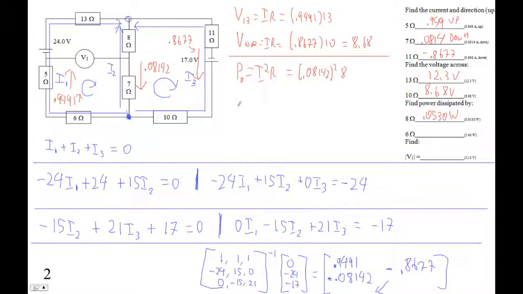And then the power of the 6 ohm is I squared R. And where's our 6? There it is. So it's going to be this current, 0.9491 squared times 6, and that's 5.40 watts.